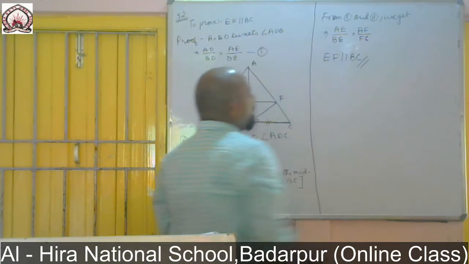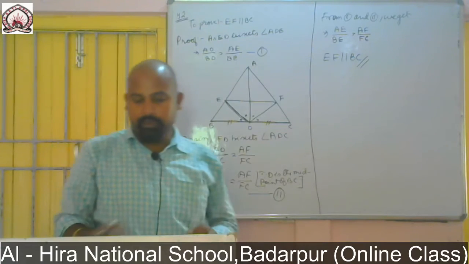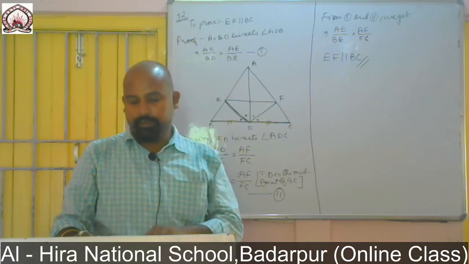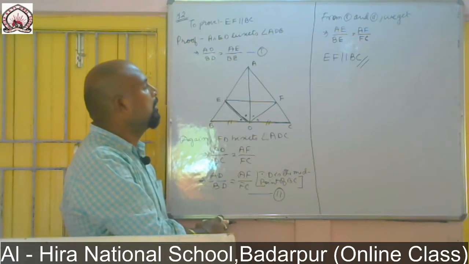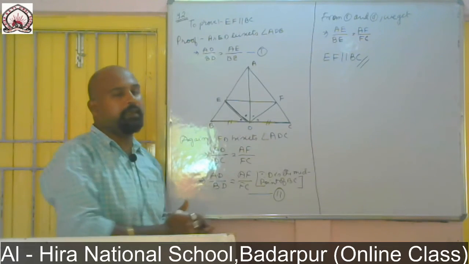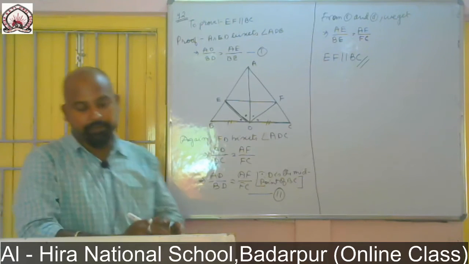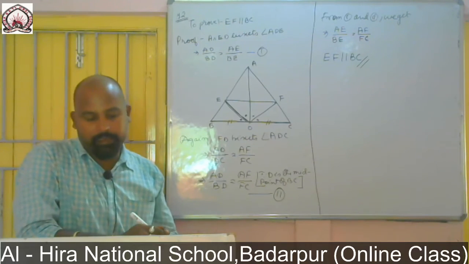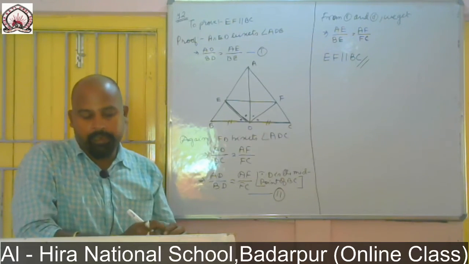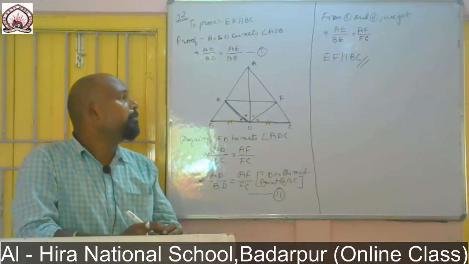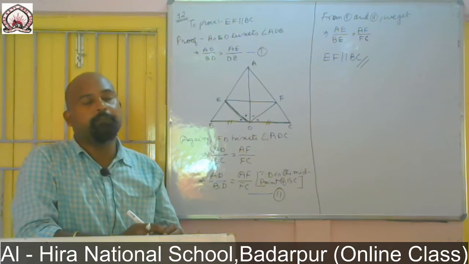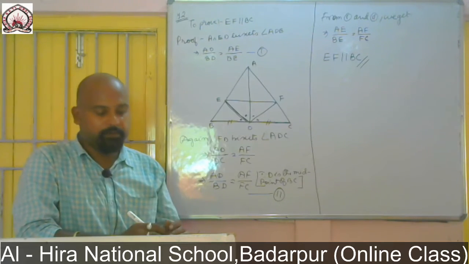Then we can say that EF is parallel to BC. The reason behind it is that in the triangle ABC, the points E and F divide AB and AC in proportion. So, we can say EF is parallel to BC.